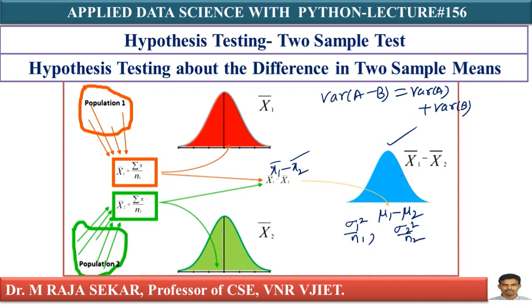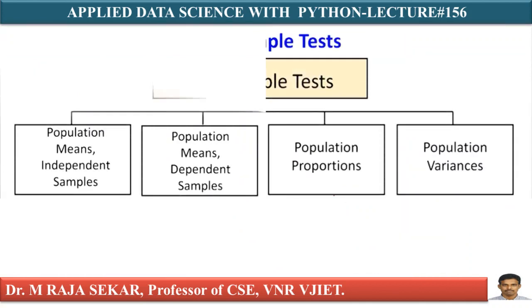The variance of the blue curve is nothing but sigma 1 square by n1 plus sigma 2 square by n2, isn't it? This is just a simple formula one can apply. We will try to understand how these concepts are useful.